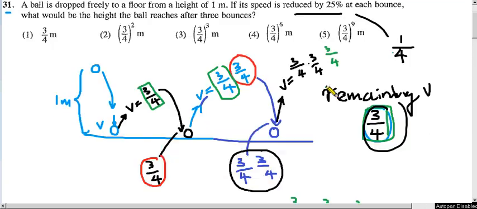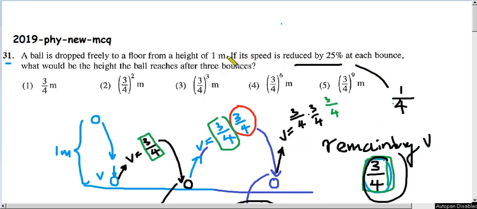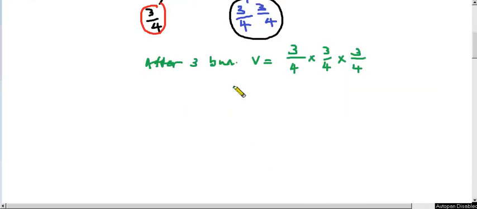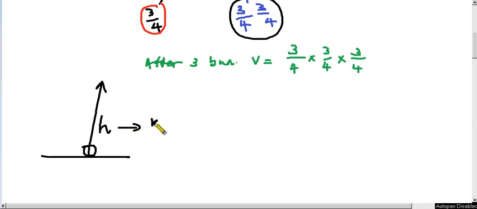This is the velocity. But what they ask is not velocity. What they ask is the height. What is the fact that determines the height h after the third bounce? The height is determined by the kinetic energy of the ball.